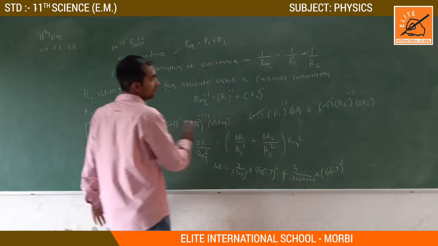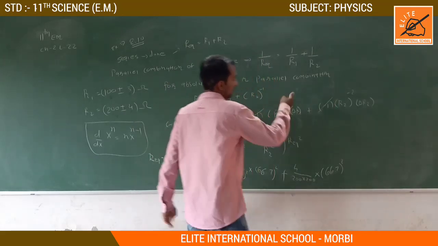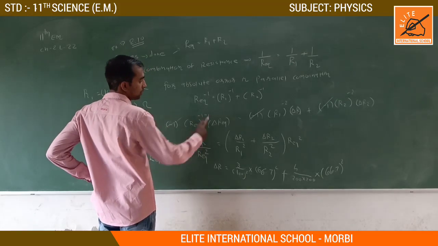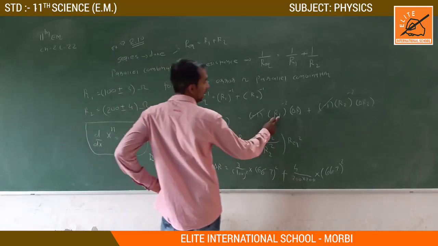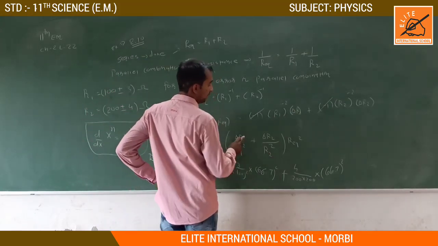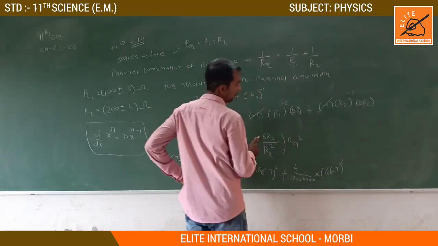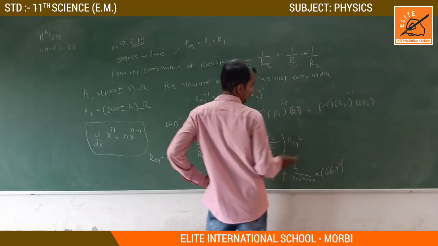Minus common and cancel, so delta R equals delta R1 divided by R1 to the power 2 plus delta R2 divided by R2 to the power 2.